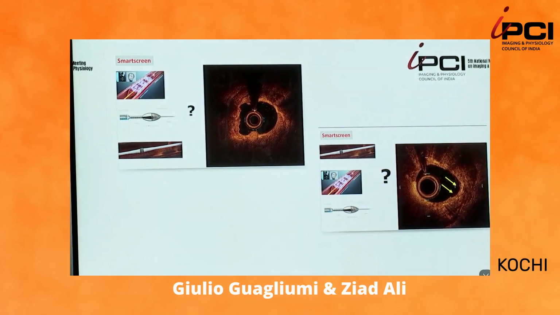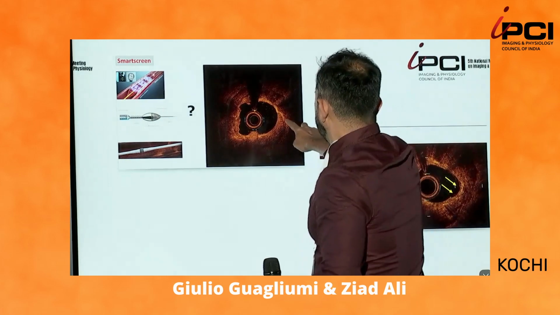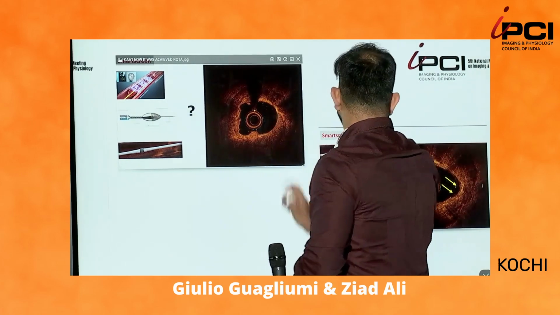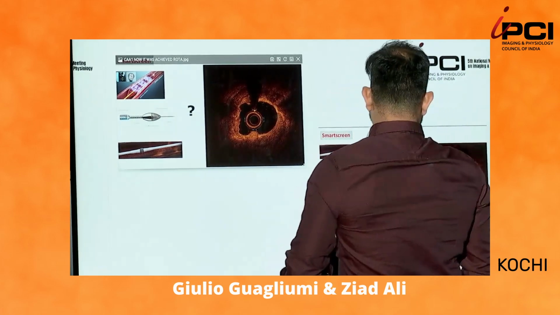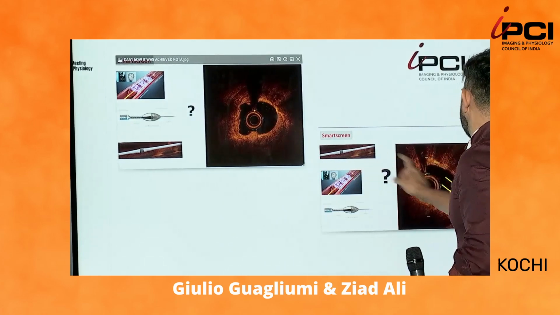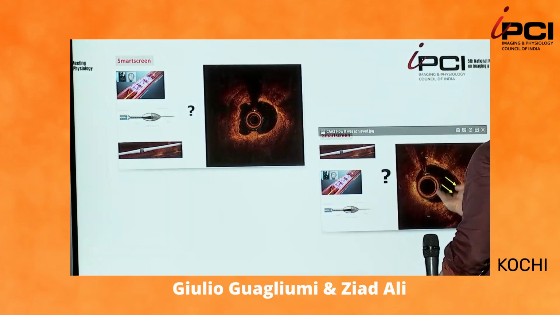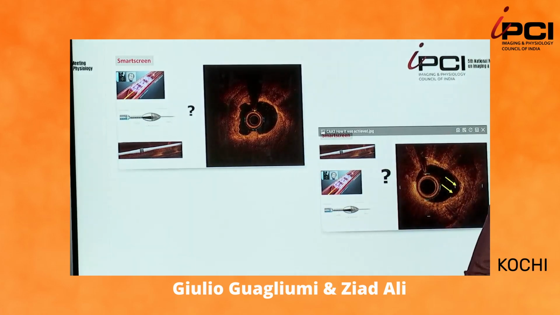Now we have a couple more segment treatments. So what about this one? What about that one? Okay. Rotablation, and this is orbital maybe because it's eccentric. What is the difference, Z, between rotational atherectomy and orbital?